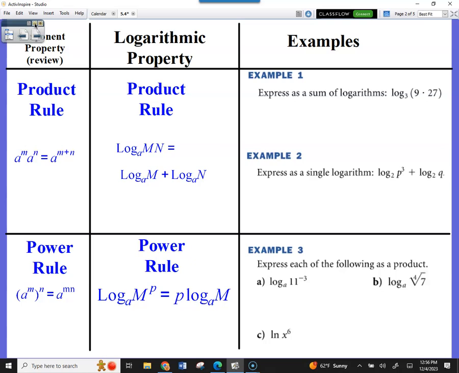Let's start with the product rule. This is the property of exponents product rule. If you have a base to a power times the same base to a power, you can condense it as a single base to a power, and the power changes by adding those exponents.